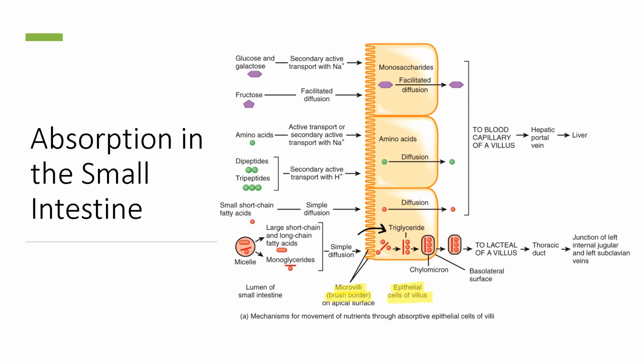This is the transportation into the absorptive cells of the villi. And then this second movement across a membrane is from the basilar membrane of these cells to the adjacent blood capillary or lacteal. Remember, that's a lymphatic capillary.